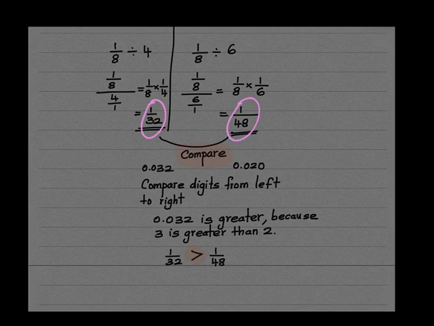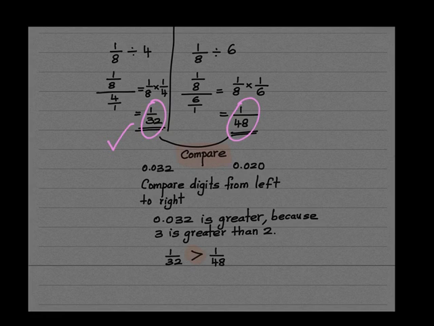Which fraction is bigger? Let's compare it, okay? Usually, the fraction that has a lesser value in the denominator will be bigger. That means, in this case, 1 over 32 is the bigger value. Okay, just look at the denominators.